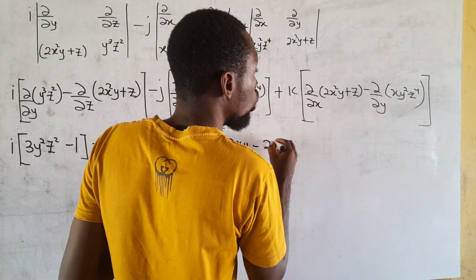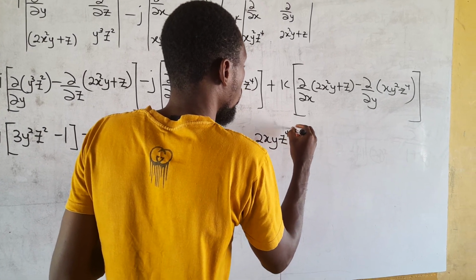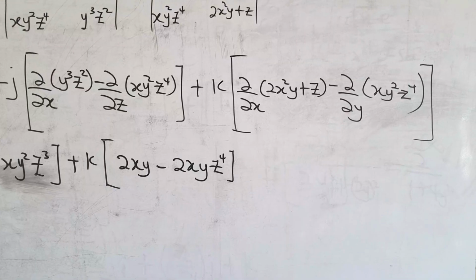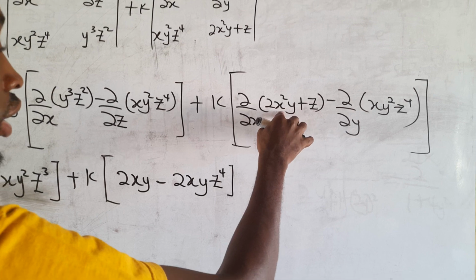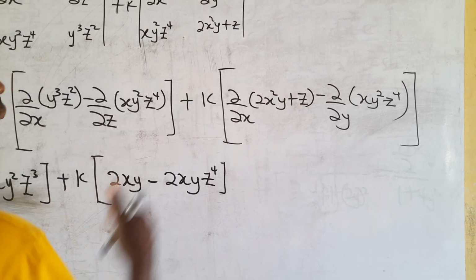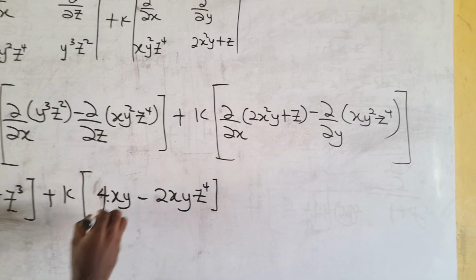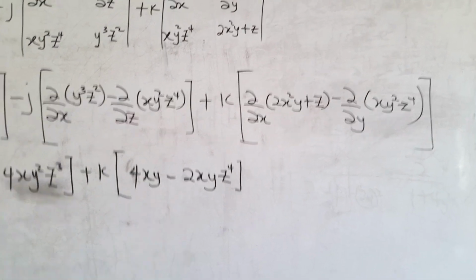So we have 2xy z to the power 4. I hope you get this. So when we differentiate x, if we drop this, it's 4, not 2. There is 2 there already, so this becomes 4xy minus 2xy z to the power 4.